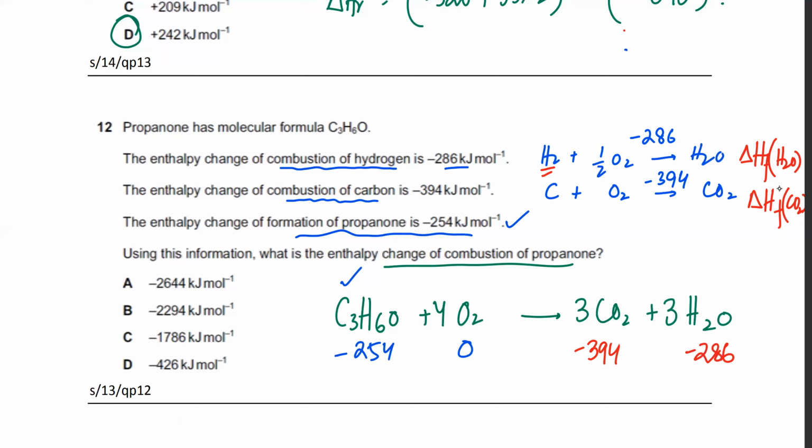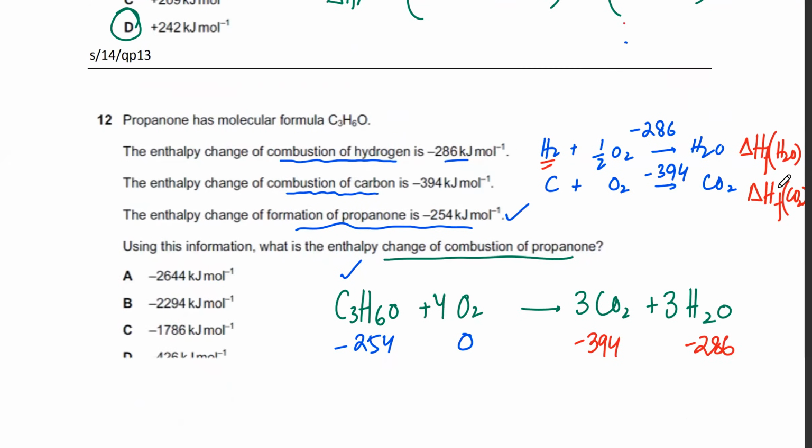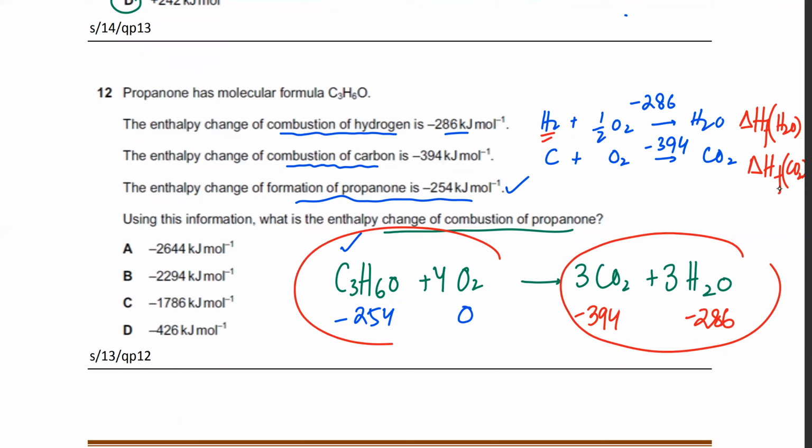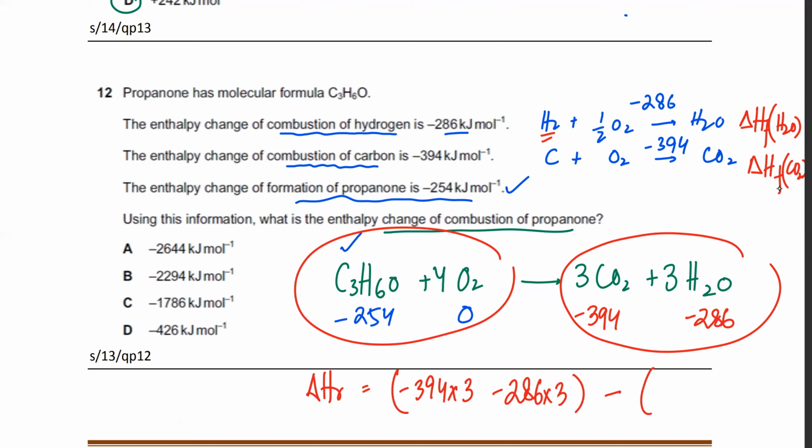So all you have to do now is products minus reactants: add up the products and subtract the reactants. So the enthalpy of the reaction would be minus 394 times 3 and minus 286 times 4. That's my product, and you subtract from it the reactant, which is minus 254.